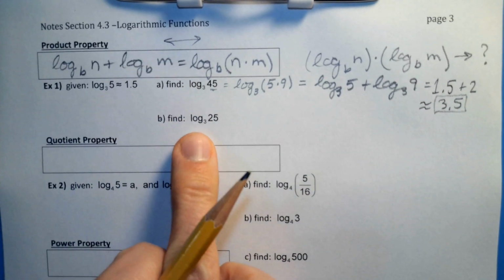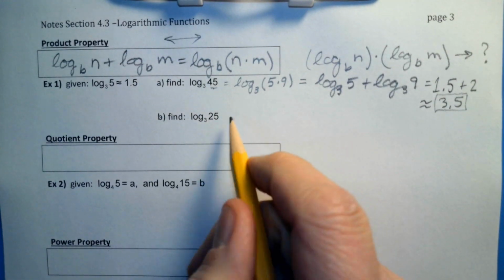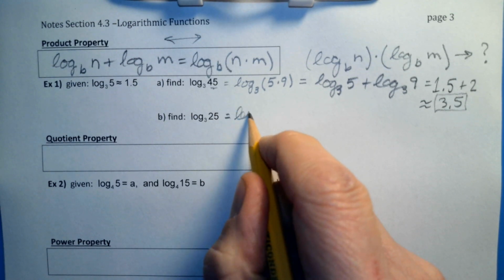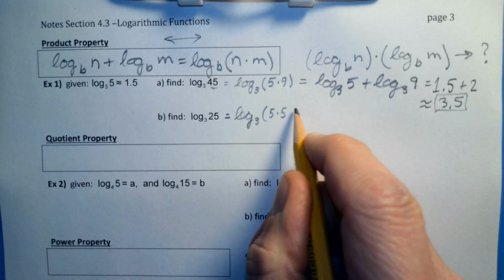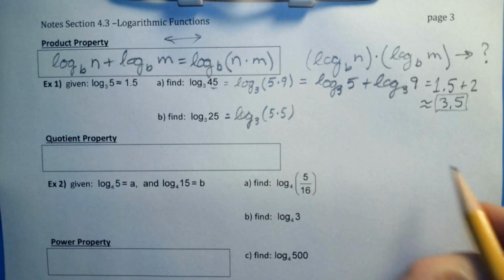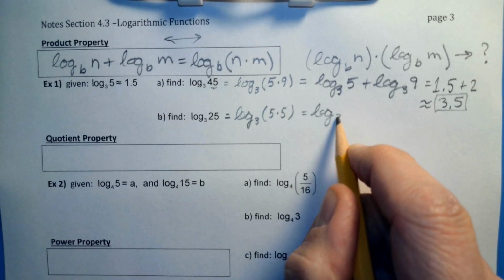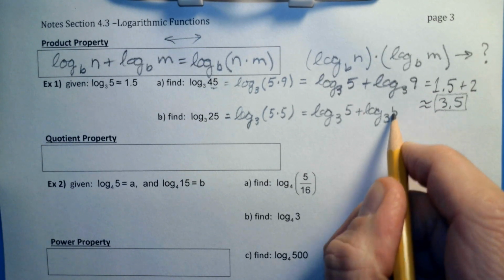All right, now let's try this one. So how could we write this? We could write this as log base 3 of 5 times 5. And so that's log base 3 of 5 plus log base 3 of 5.